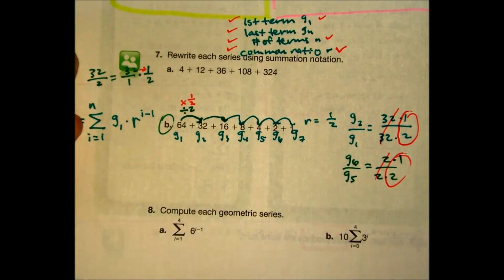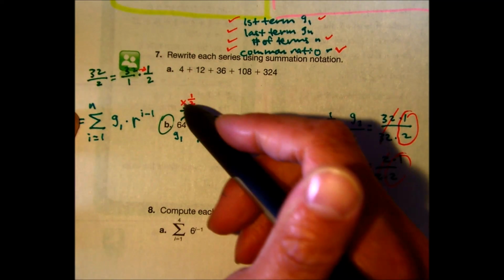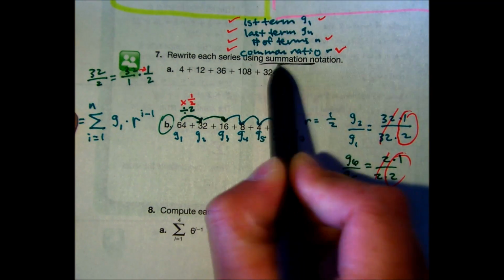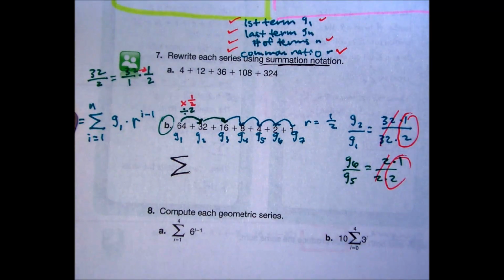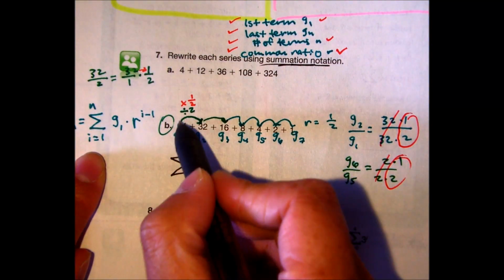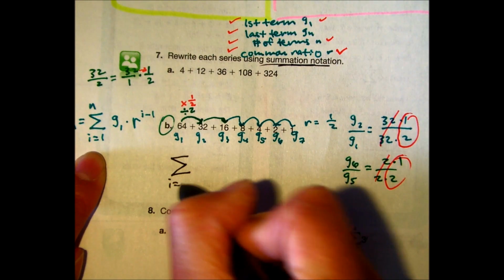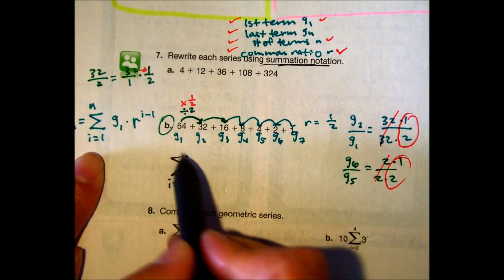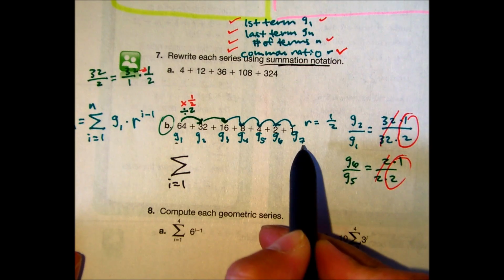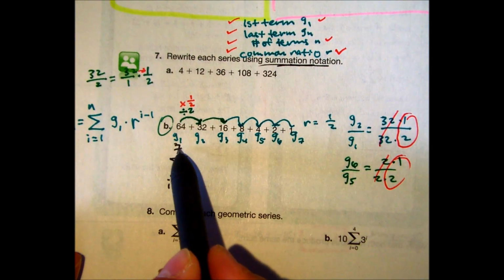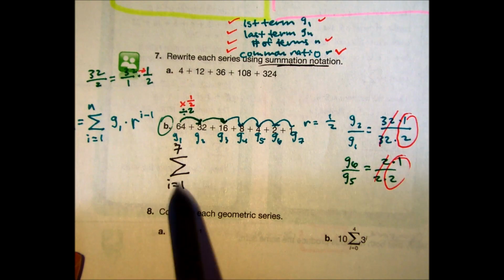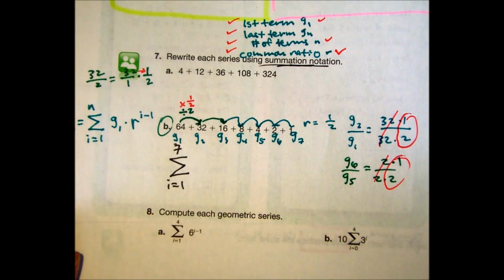Alright, so now we need to make this in summation notation. So I'm going to write the sigma. It's telling me to start at the first number in the list, and we're going to go all the way to what number? 7. So on the top is the end. Everyone say end. And this one is the start. Start, end.